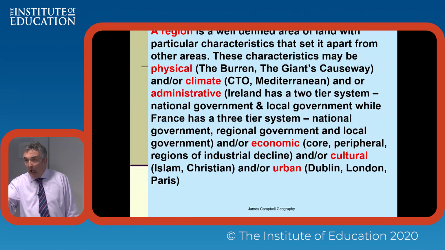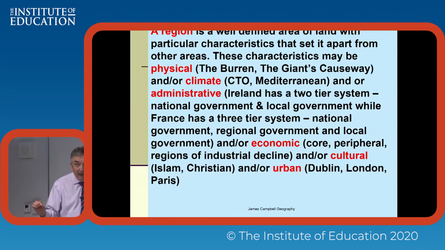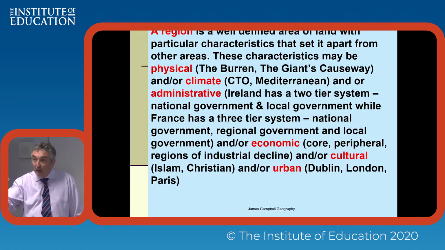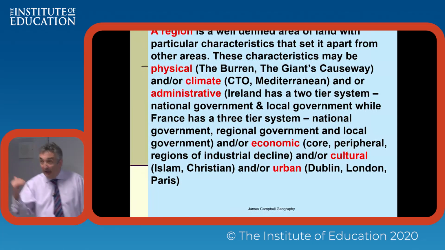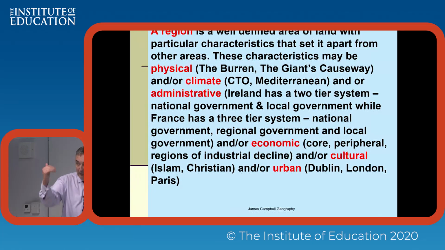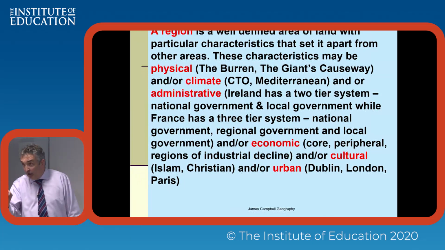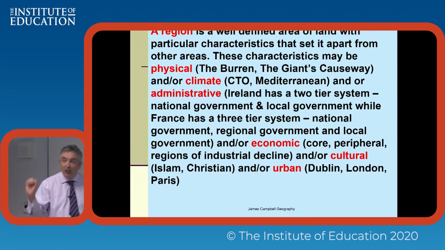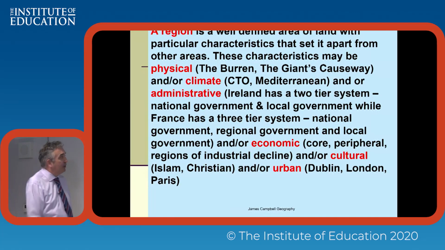For example, Ireland and Northwest Europe have a cool, temperate oceanic climate or a CTO climate, whereas south of Europe, and we'll be going into South Europe soon with the Mezzogiorno, that region has a Mediterranean climate. So we've different types of climatic regions.